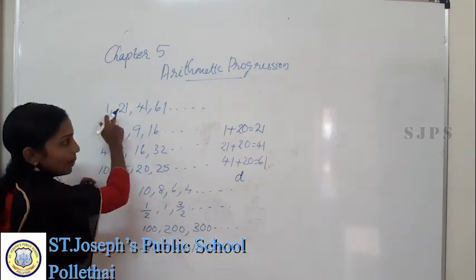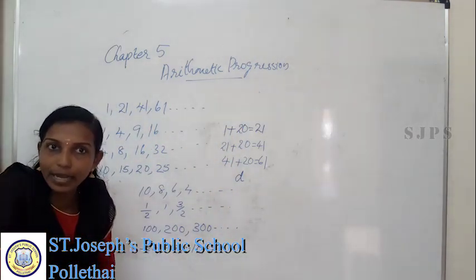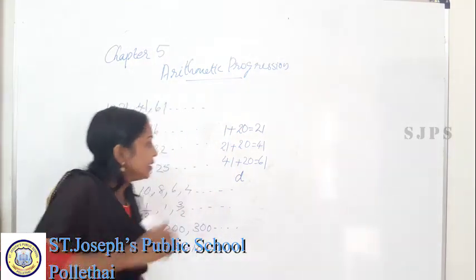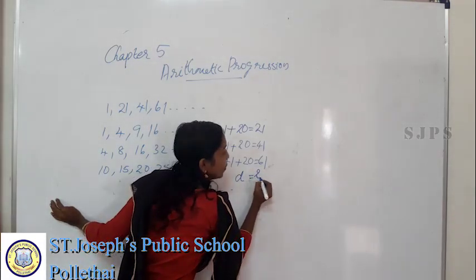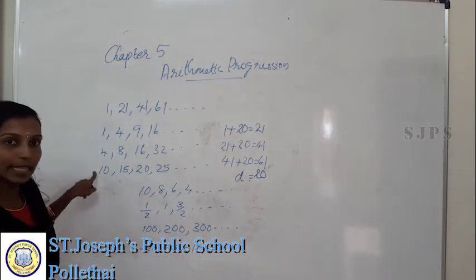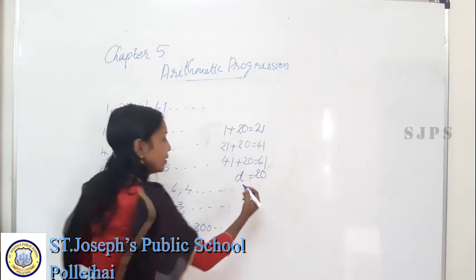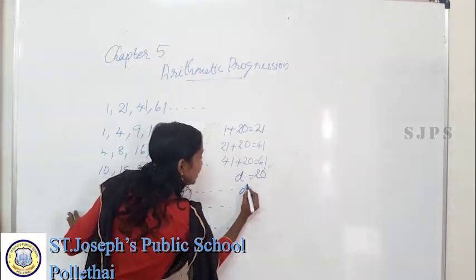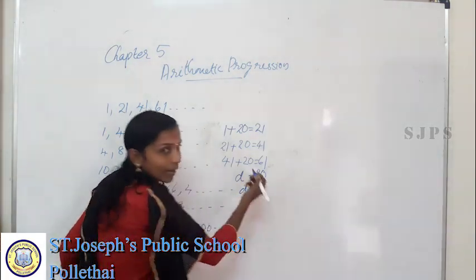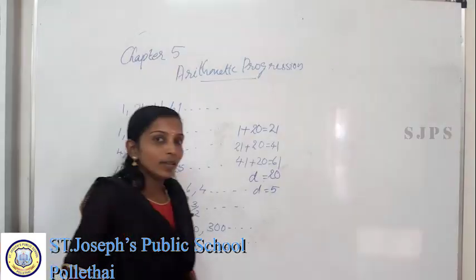In the first example, 20 is the fixed number, so the common difference d is equal to 20. And in the fourth example, 5 is the fixed number, so d is equal to 5.